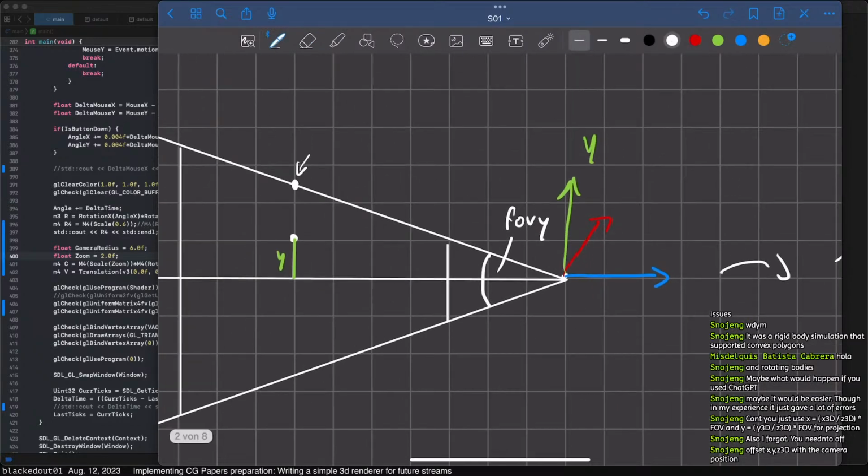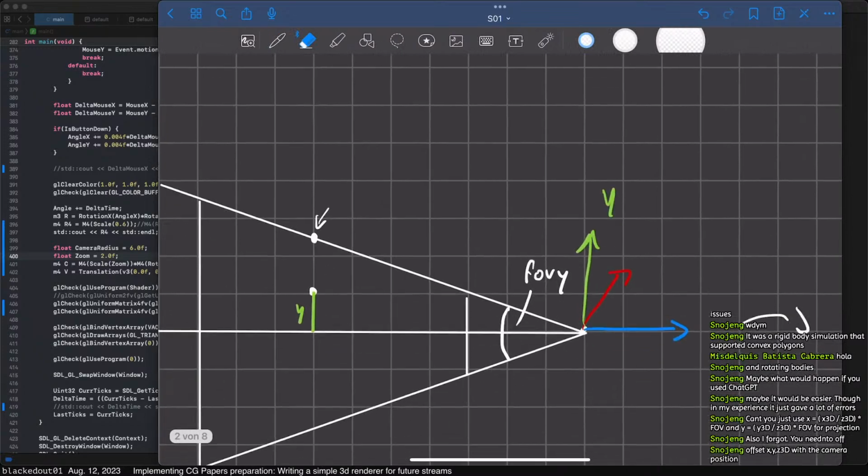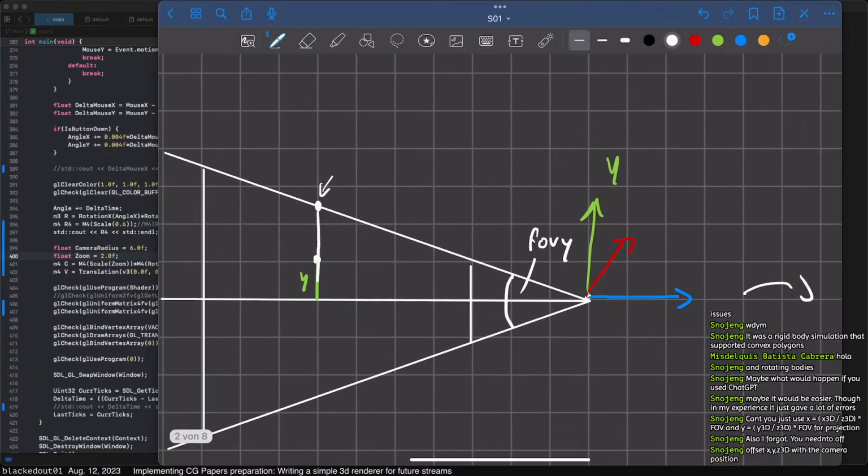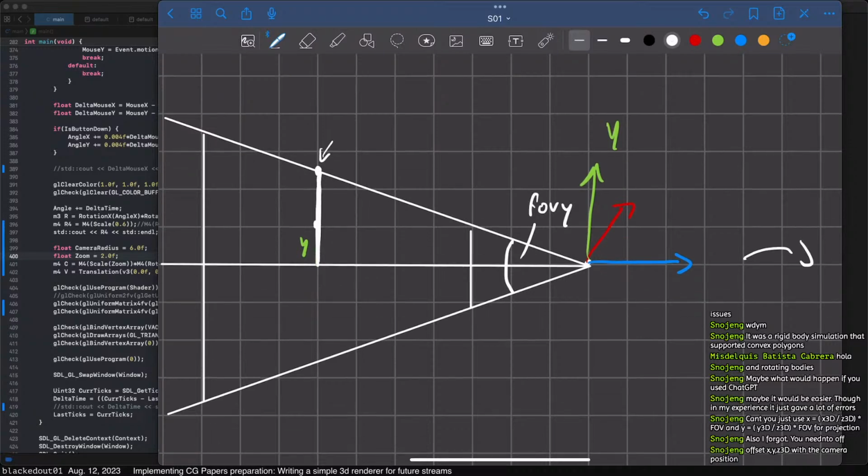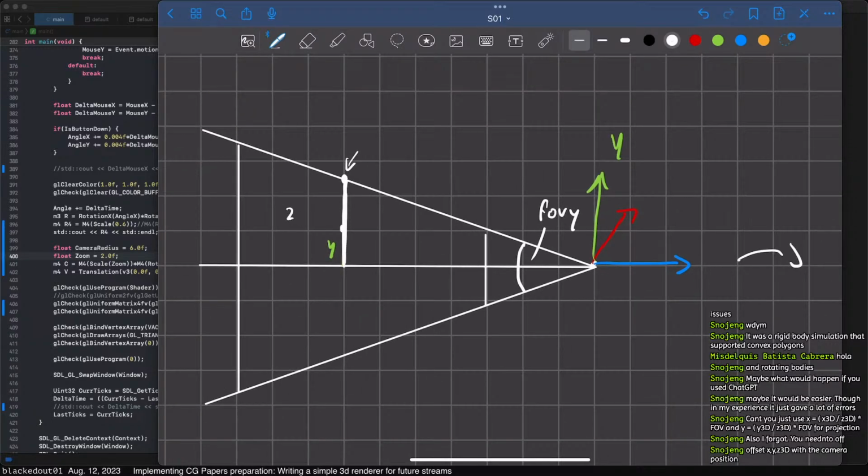So basically, we want to know this height here. So this is our unknown. And what we know is that the distance here is the z coordinate of the point.